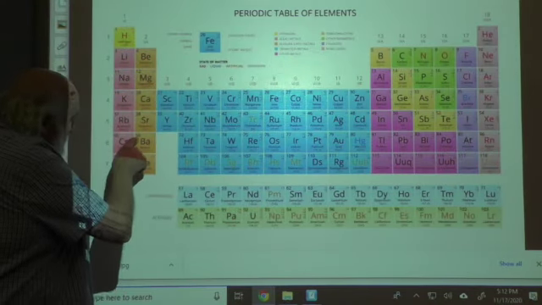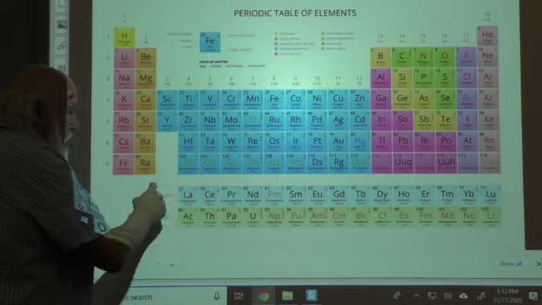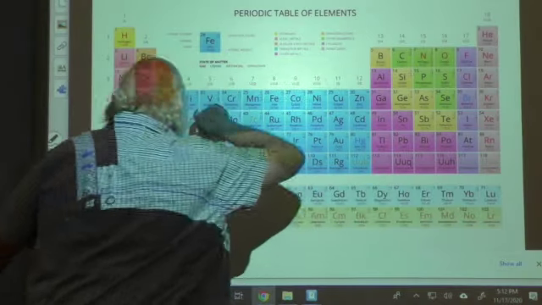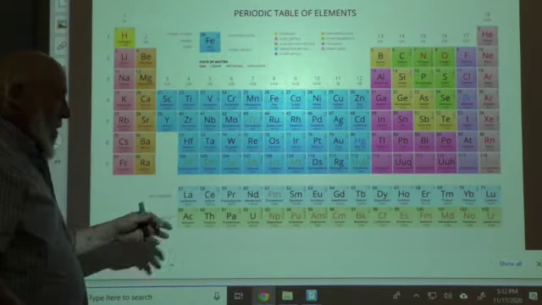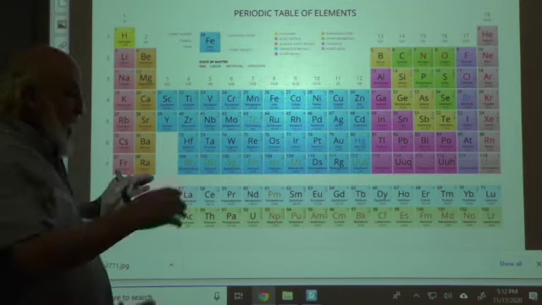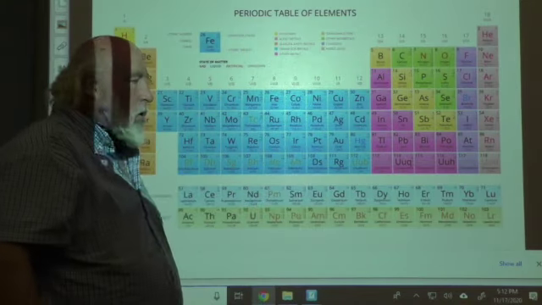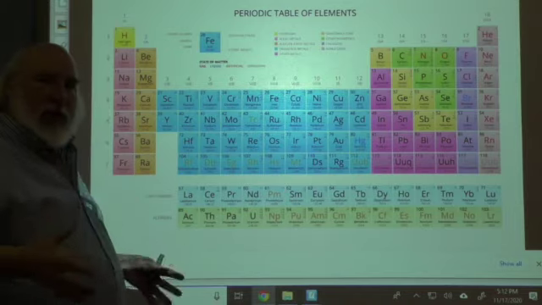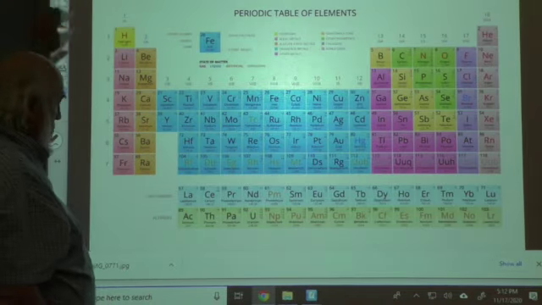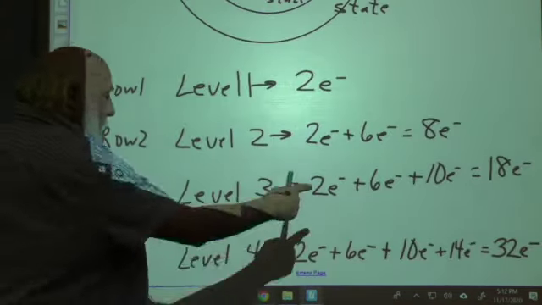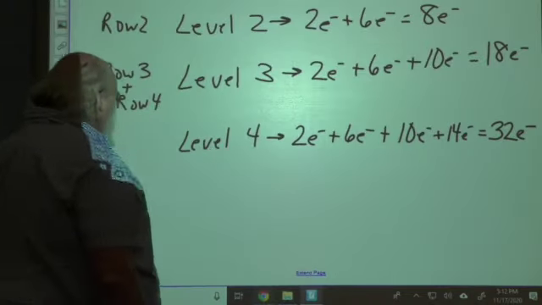And it helps to remember 56, 57, 58, and so on, 71, 72, 73, same for this. These 14 right here represent the next batch of 14 electrons in that addition that we have there.